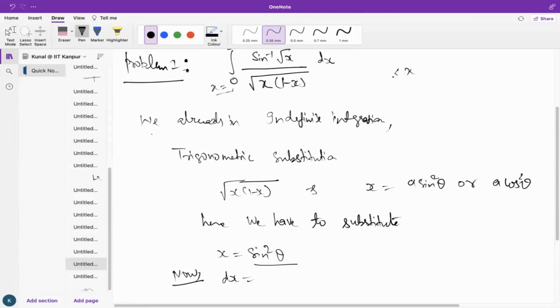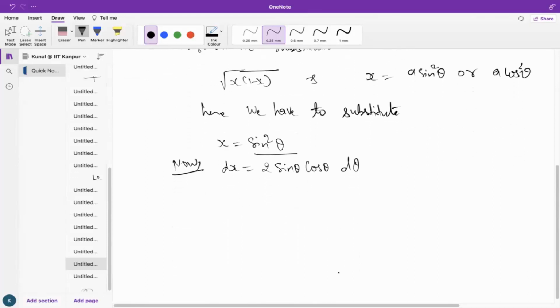Here x varies from 0 to 1, and this has to be noted. Now dx, when we differentiate this function, is 2 sine theta cos theta d theta.